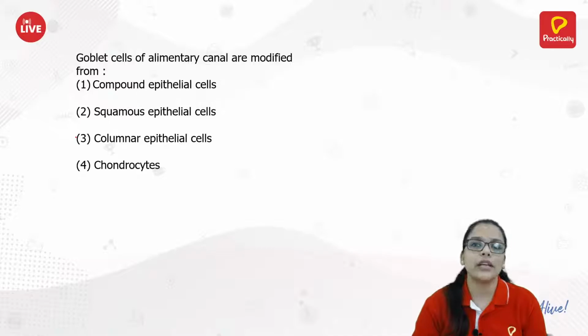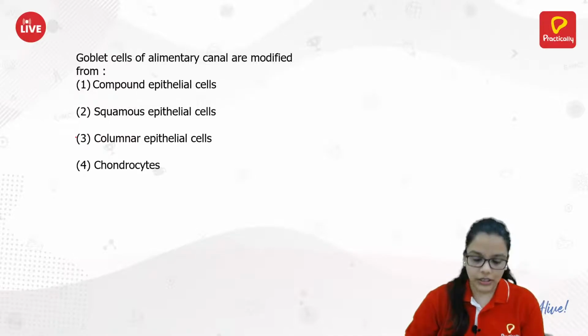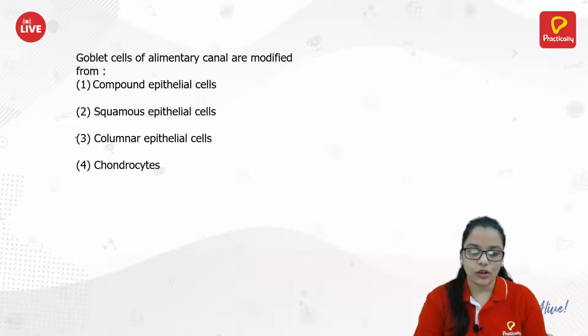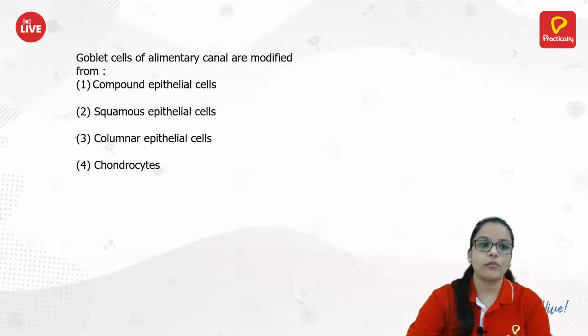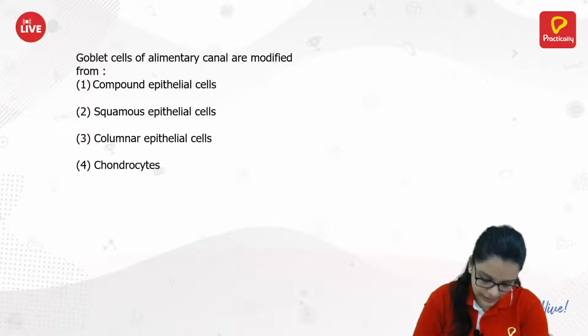This is a very easy question also, and you don't have to put a lot of thought in it. The answer is directly from the NCERT book. It is known as the columnar epithelial cells.